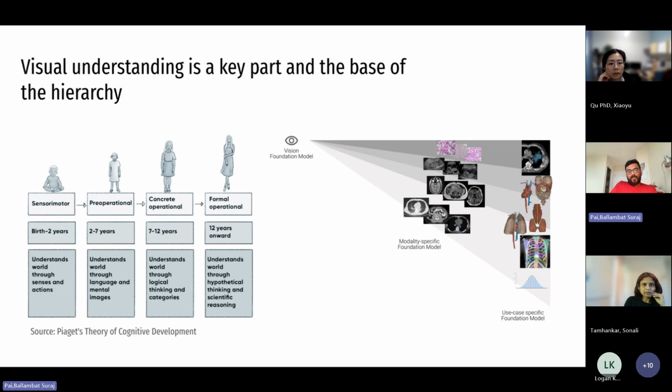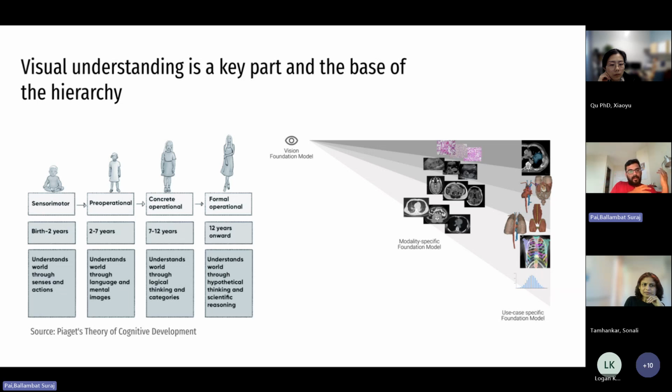So this was an example of how a radiologist would do their task. But if you extrapolate this to how humans would generally do this, then I usually like thinking of this from the perspective of the theory of cognitive development from Jean Piaget. In this theory, you learn things at different stages in your life.